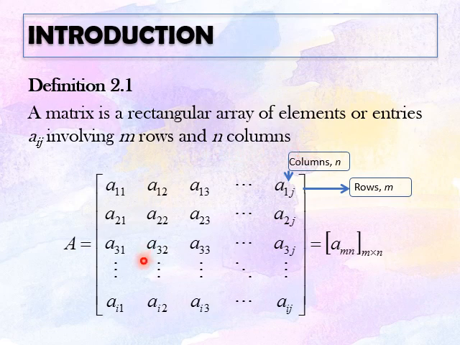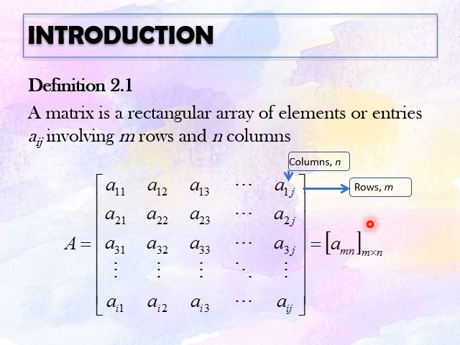Okay, if we have A, here for example A is a matrix. Here is what we call a row. The horizontal one is a row: row 1, row 2, row 3 up to row m. This one is what we call a column. The vertical one: column 1, column 2, column 3.